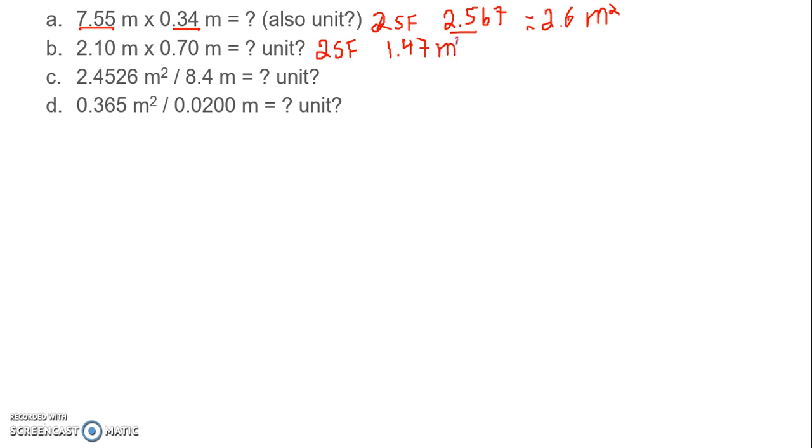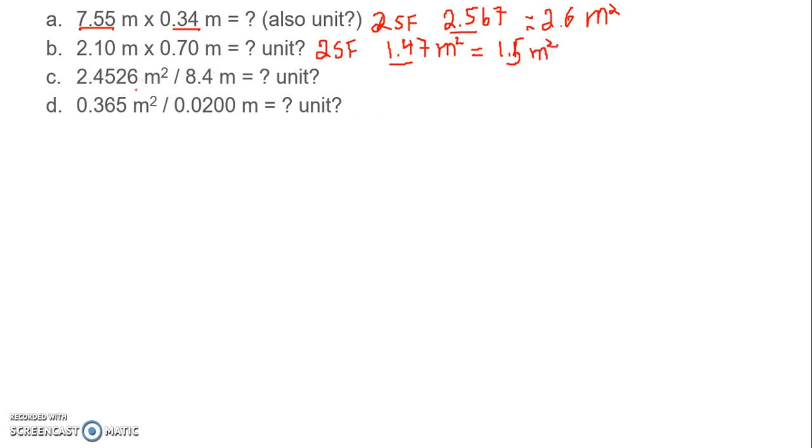Because your final answer must be in 2 sig fig, 1.4, but then the number immediately after 4 is 7, which is greater than 5, so you would round this up to 1.5 meters square.